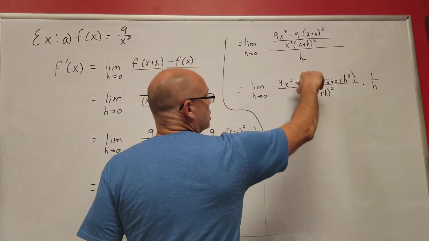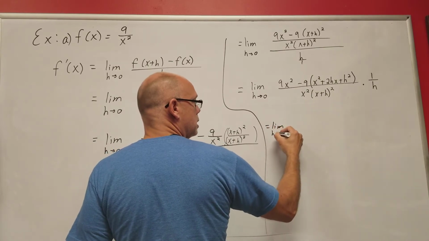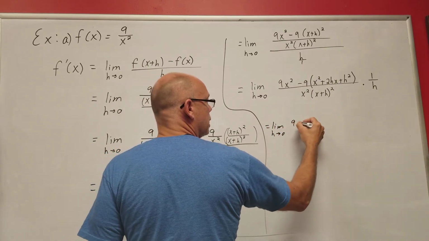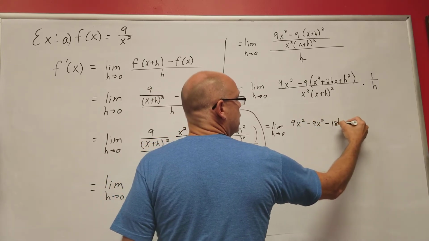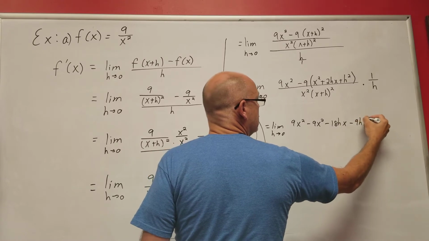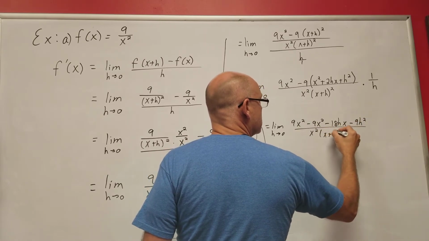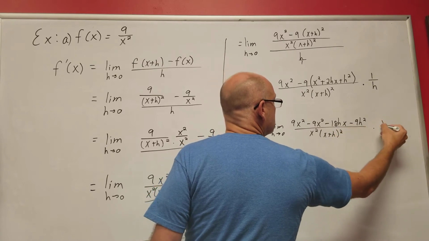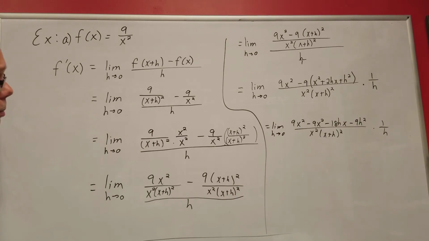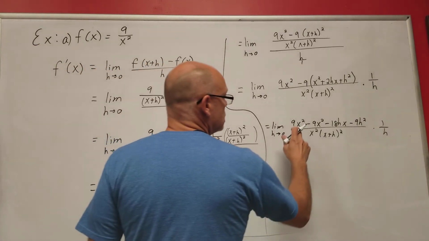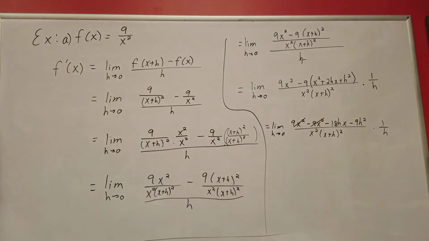All right, so next we're going to distribute negative 9 through here. So we still have the limit as h approaches 0 of 9x squared minus 9x squared minus 18hx minus 9h squared all over x squared times x plus h quantity squared times 1 over h. As you can see right here, this term and that term zero out.